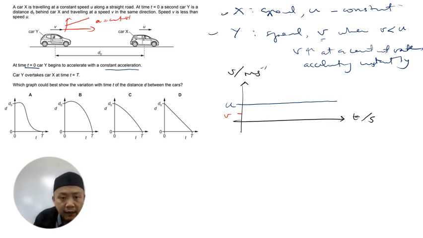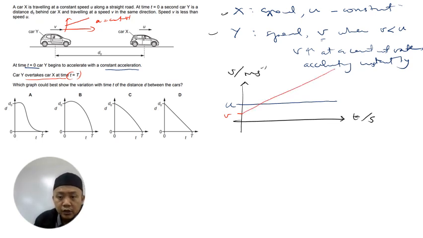Now car Y overtakes car X at time t equals t. So we know that for car Y, initially it is at speed v, and it will start to increase. Let's just draw this in a way that we can represent it like this.